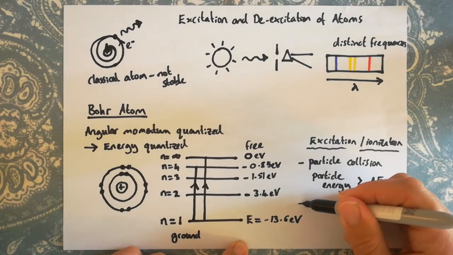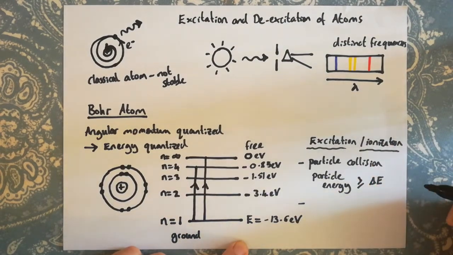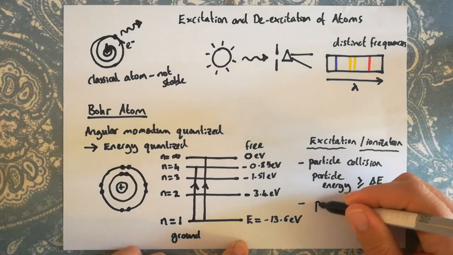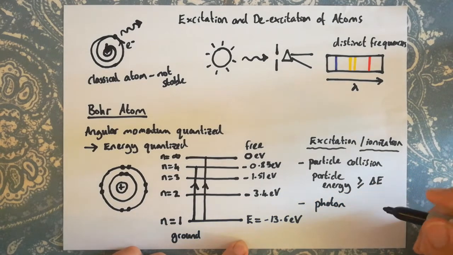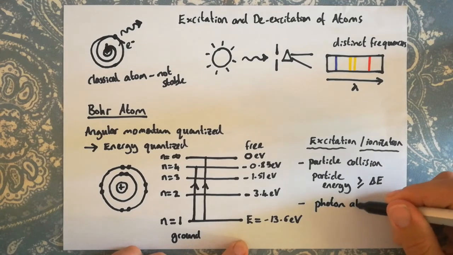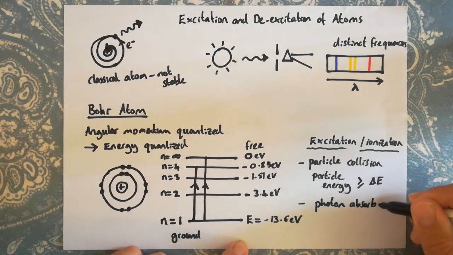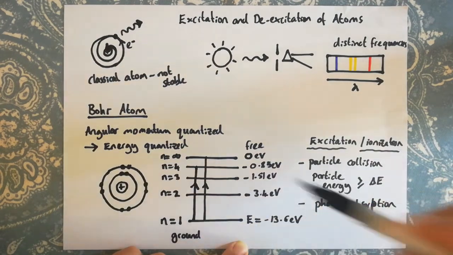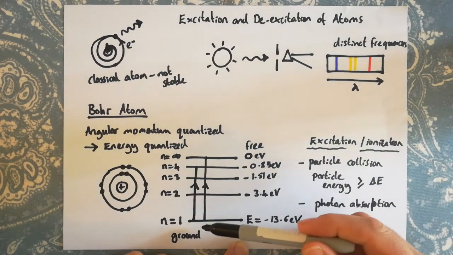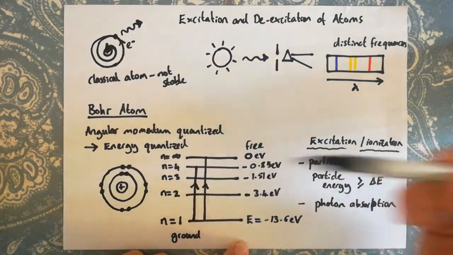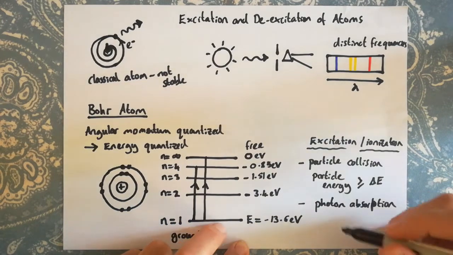Okay, the other way that excitation or ionisation can happen is by the atom absorbing a photon. So a photon comes along and it's absorbed by the electron within the atom, and that can cause excitation, or again it could cause ionisation.